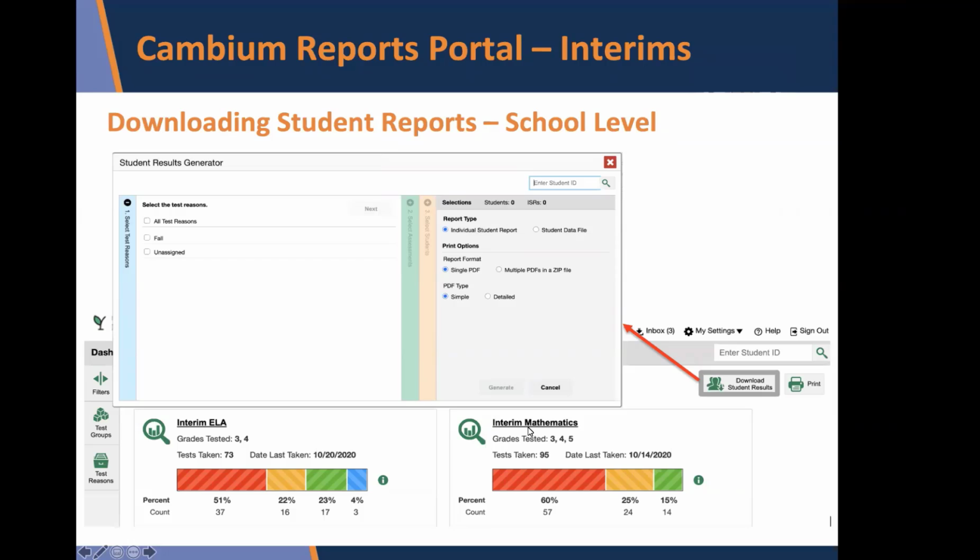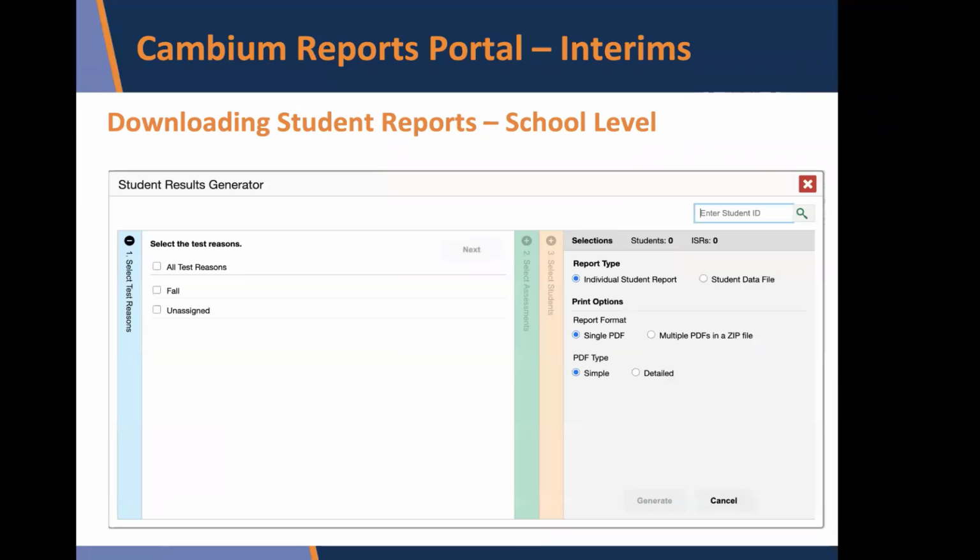If I had drilled into each section, when I click on download student results, it saves to wherever I am in that particular reporting module. But I'm going to go through the whole thing right now so that we can go step by step. I've just clicked from my main page, download student results. I'll make it a little bit bigger.